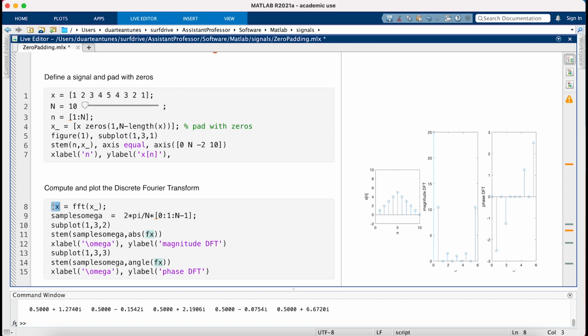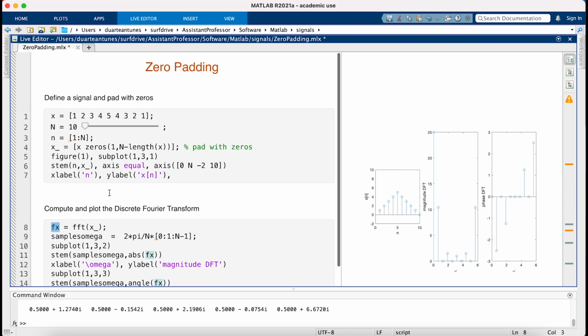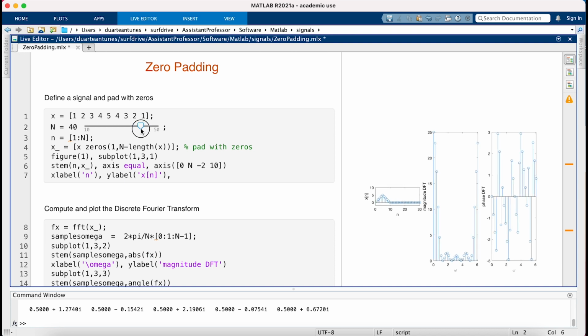Since these are in general complex, we need to plot the absolute value or the magnitude and the phase or the angle. Let us see what happens to the absolute value and phase, which are the plots here on the right-hand side, as we change capital N. So with capital N equals 10, we have enough samples to recover the original signal x of n.